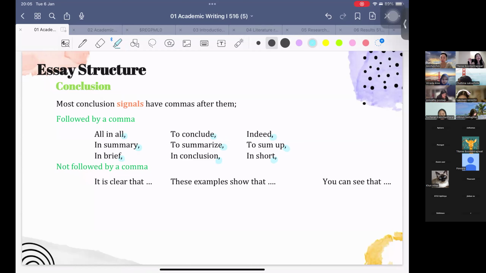That's why when they write the conclusion, they don't say words like in summary. You don't see a lot of that, maybe some researchers do, but I don't think it's needed. So when you write something and you have a heading or subheading saying conclusion, you can ignore having a signal word.